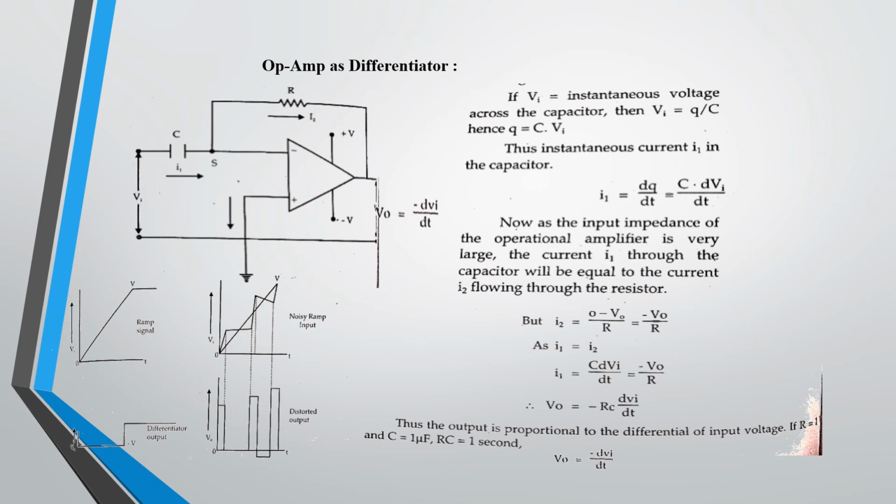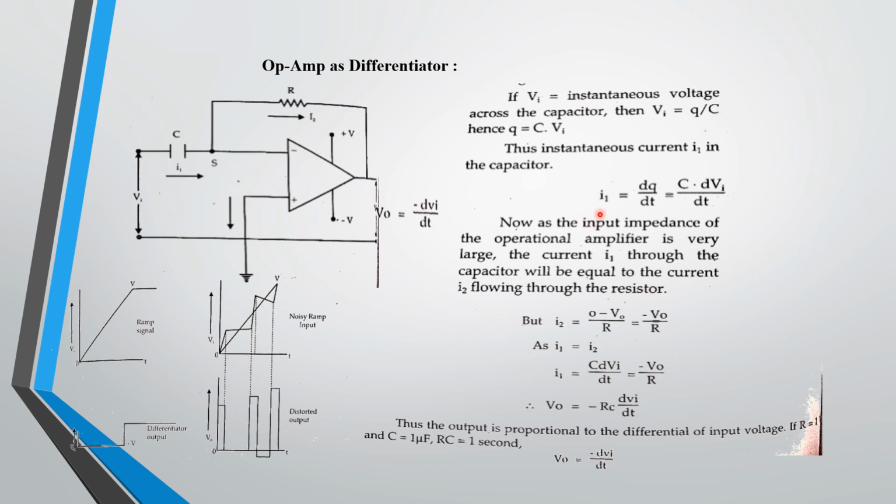In the differentiator circuit, replace the input resistor with a capacitor and keep the feedback resistor as it is. With the help of charging of the capacitor, we can observe the current flowing through the circuit. VI is equal to Q divided by C, that is, the charge stored with respect to the capacitance.